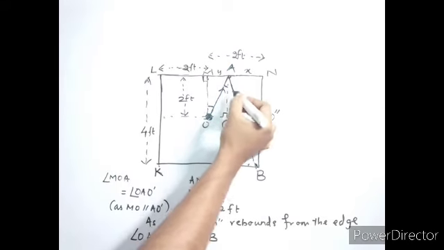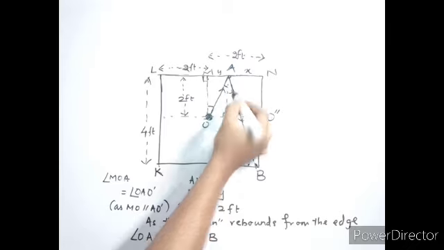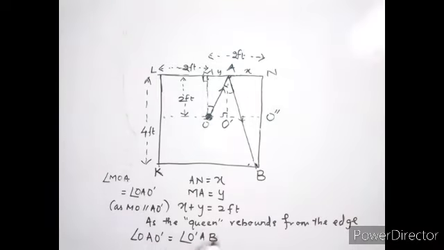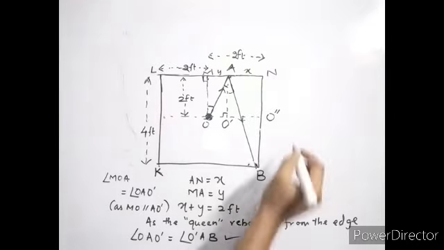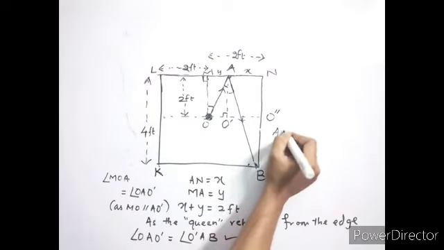So this angle will be equal to this angle because it is rebounding. So OAO dash is equal to O dash AB, the angle.